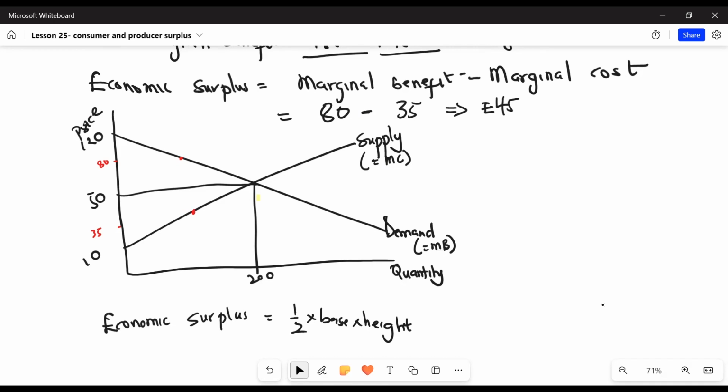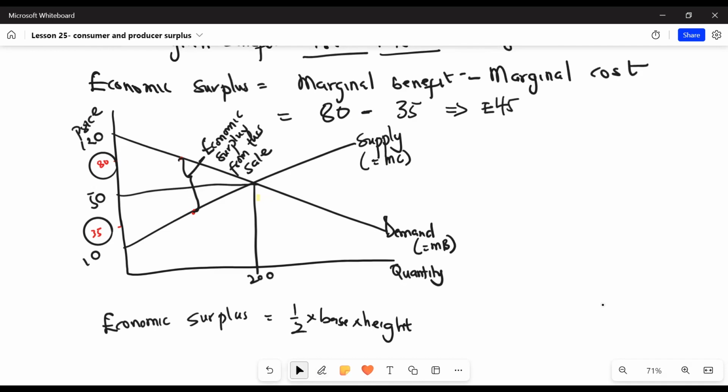So, as we said before, if you buy a pair of jeans and it brings you £80 worth of marginal benefit, but the marginal cost of producing that pair of jeans is 35, then this difference here is the economic surplus from this sale.